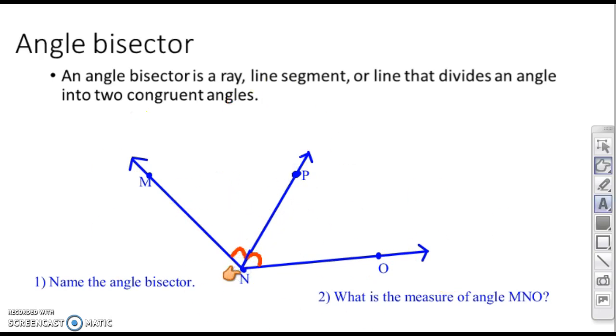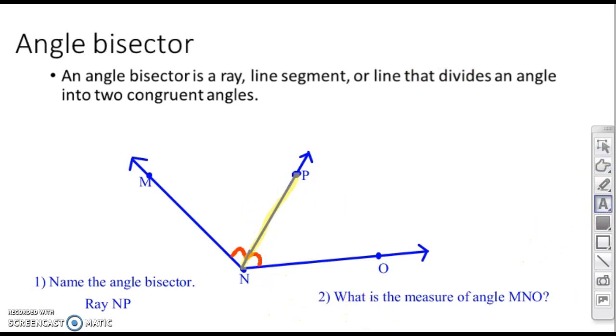Based on the fact that this is drawn with these two arcs, see how there's no tick marks, there's two arcs? It's telling me that these two angles are congruent. So when we go to name the angle bisector, it's going to be ray NP, because ray NP is what is dividing the angle into two congruent angles. So that's the angle bisector.